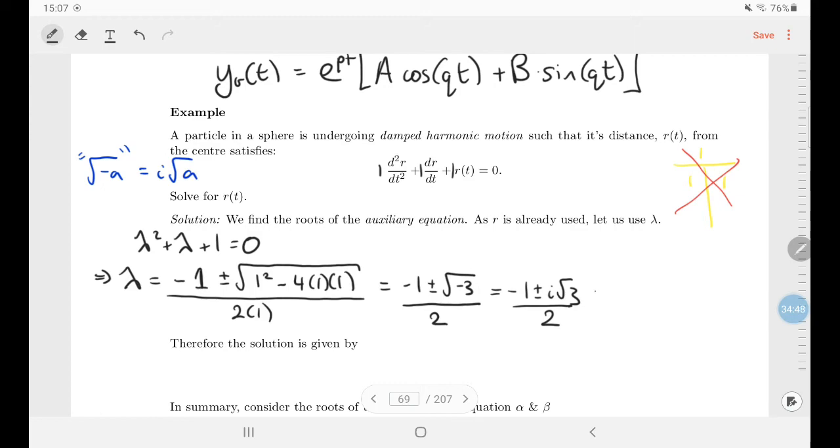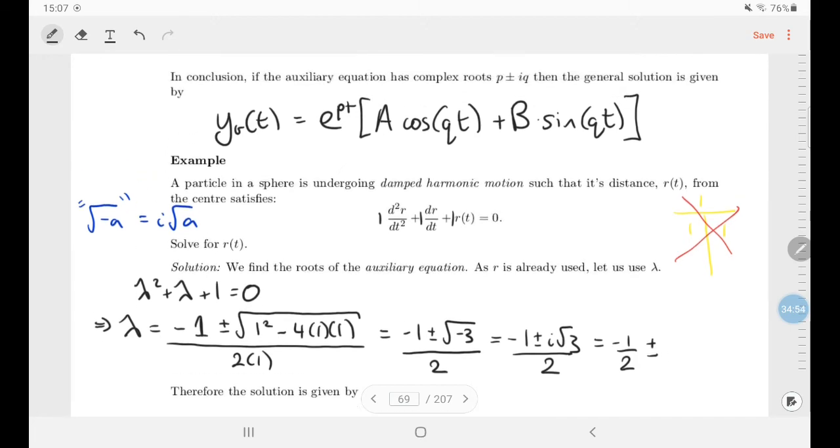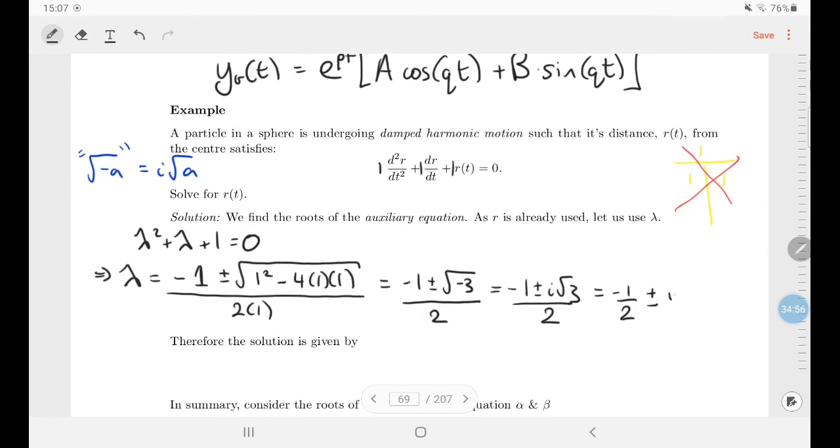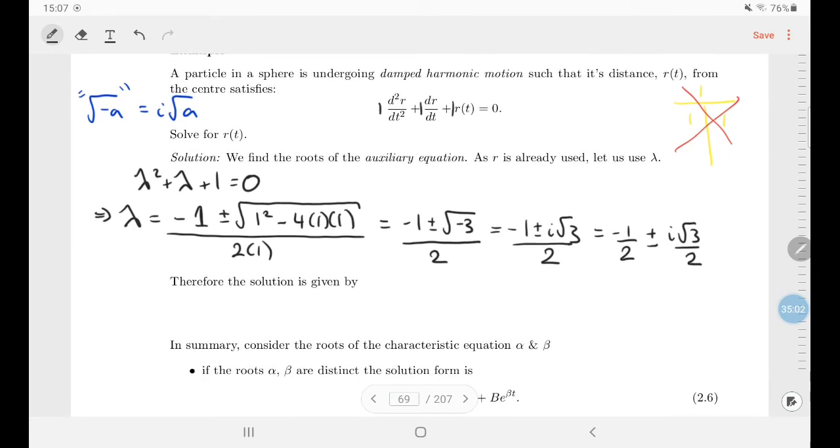And if you divide the 2 into both of them, you've got -1/2 plus or minus i root 3 over 2. So these are complex roots, they're distinct, but if they're complex, they'll always be distinct. You can't have complex repeated roots for technical reasons.